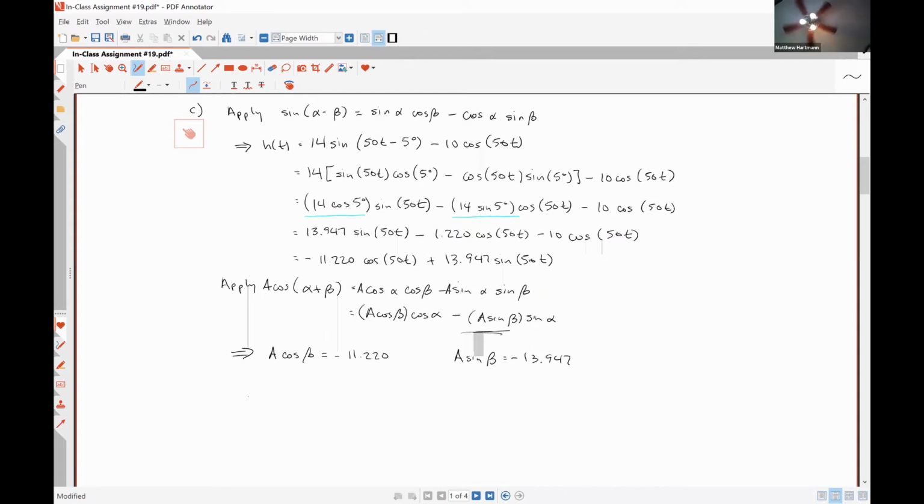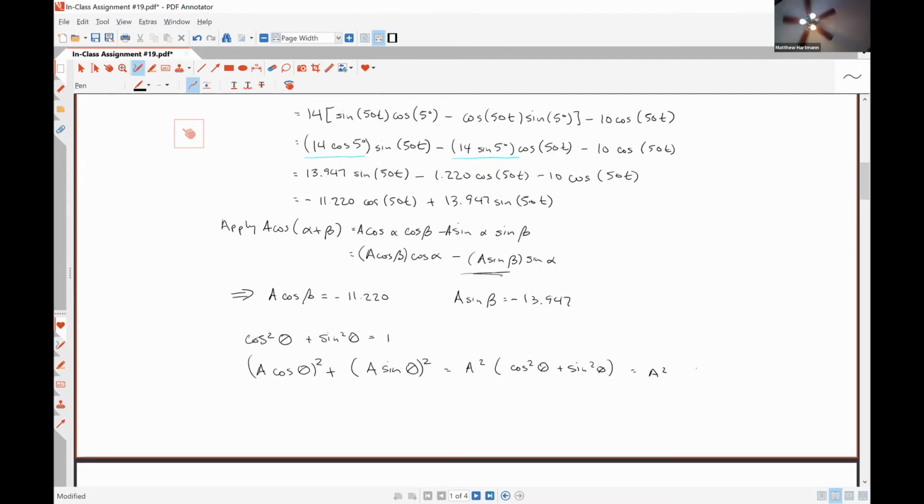For instance, since cosine squared theta plus sine squared theta is equal to 1, that means a cosine theta squared plus a sine theta squared is equal to a squared times cosine squared theta plus sine squared theta, which is equal to a squared.